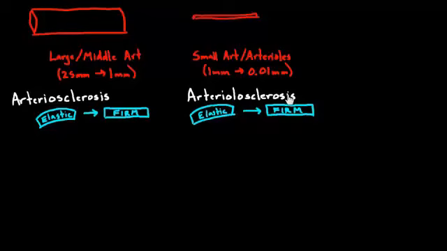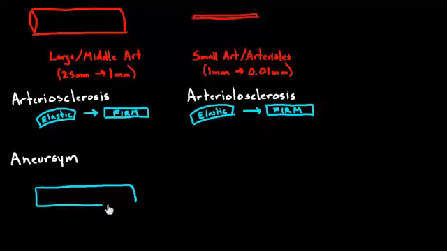Okay, going back to the large and middle arteries, you also can have a situation, I'll draw it here, where you have an artery. Actually, let me write what it is first. You can have an aneurysm. And an aneurysm is where you have a vessel, let's say this is my vessel, and it's taking blood through it.